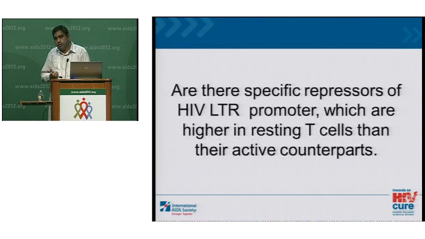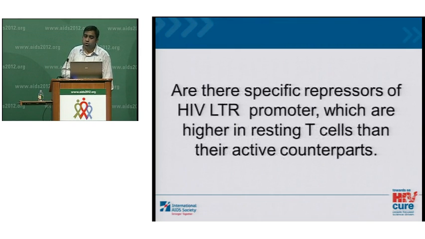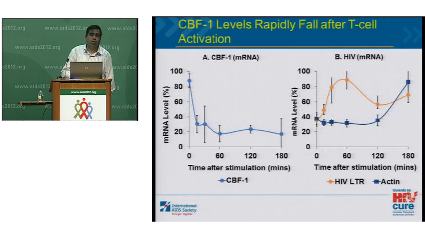After a long search, we came up with a candidate factor which is a strong repressor of HIV transcription, and it is present predominantly in resting T cells, and its level drops sharply following T cell activation. The factor is known as CBF1, which stands for latency C promoter binding factor 1.